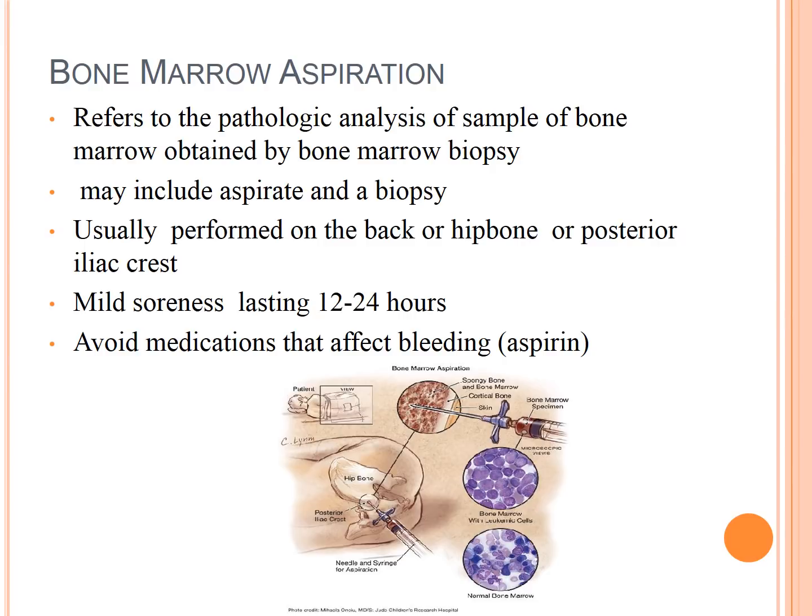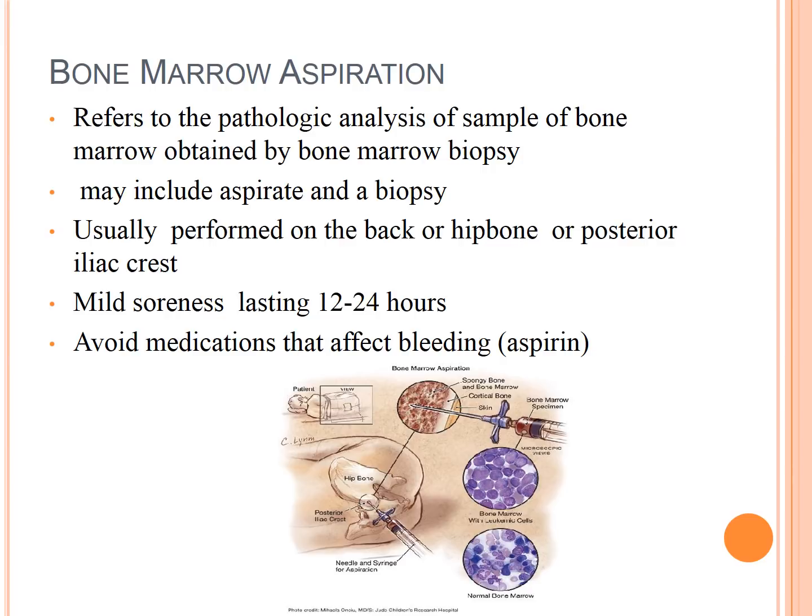All right, so those are the main things. Educating your patient about the procedure, including the discomfort and the pain that they might experience. You want to know their risk for bleeding, so their platelet count beforehand. You want to hold pressure at the site for about 5 minutes after the procedure is done.